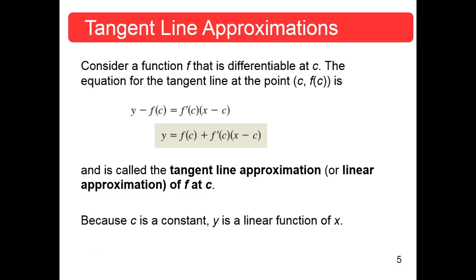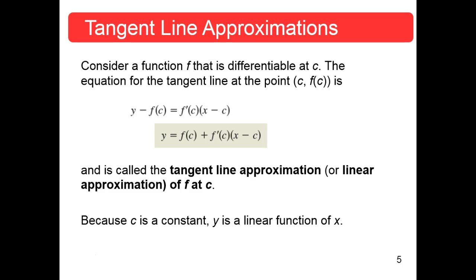So let's start with the tangent line approximation that we have done already, but let's review it. Consider a function f that is differentiable at some value c. The equation for the tangent line at the point (c, f of c): if c is the x value, f of c is the y value, and it's on the function.